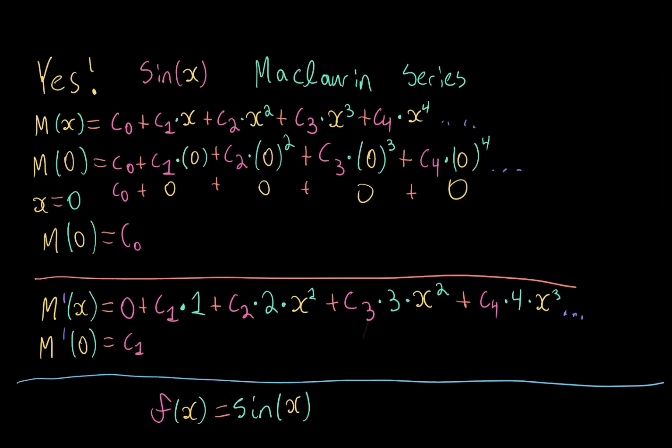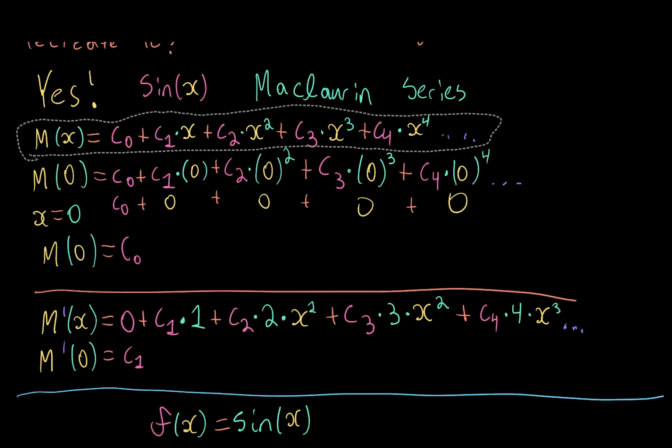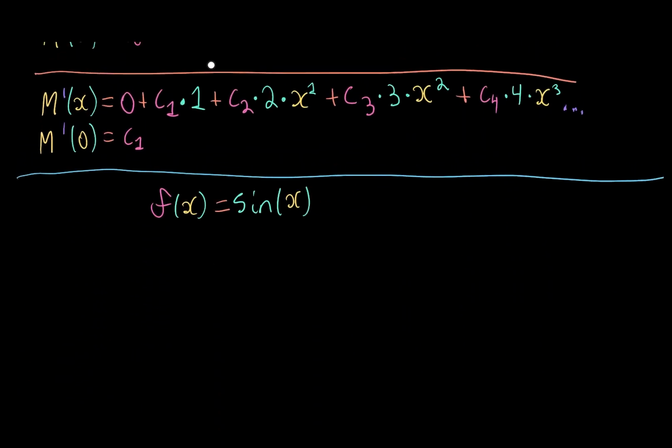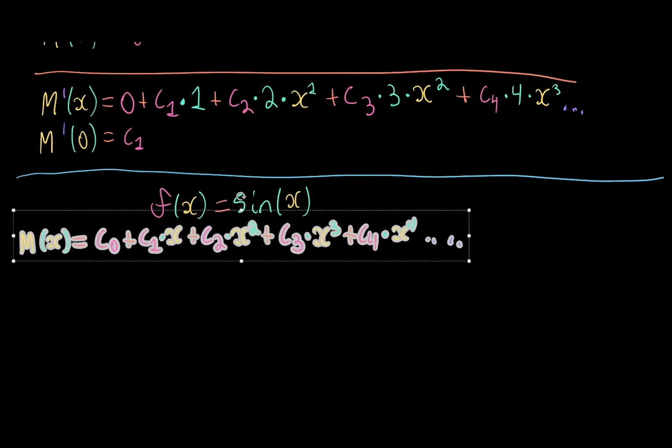So let's start with our first step here. I'm not going to write that all down again. So let's just copy this all the way down there, copy, and then paste. Beautiful.